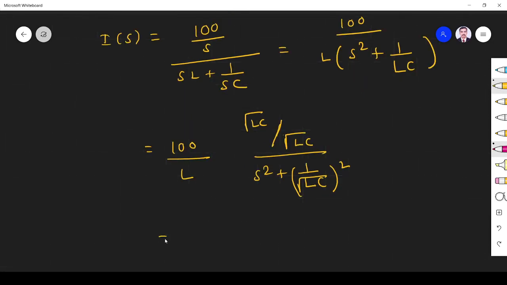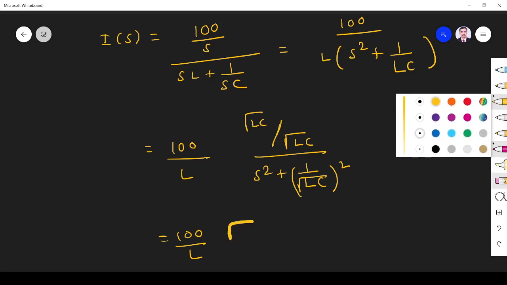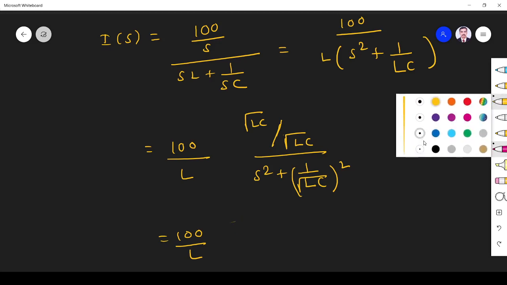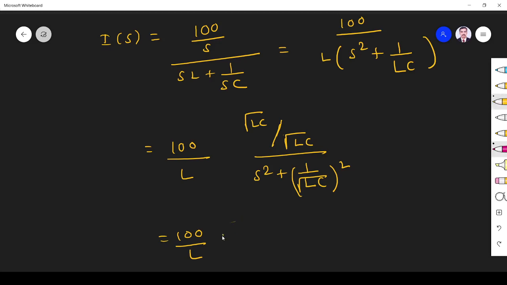So 100 by L, right? This 1 by root LC will come here. Okay, 1 by root LC I keep as it is. The numerator root LC I took outside.